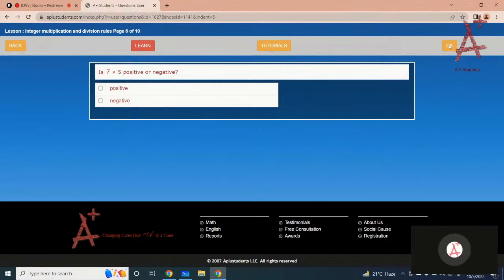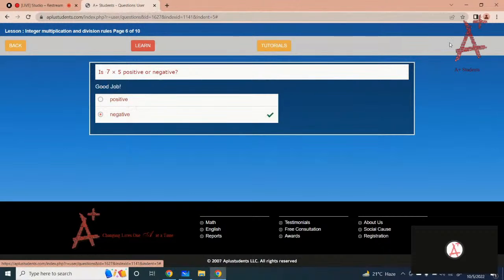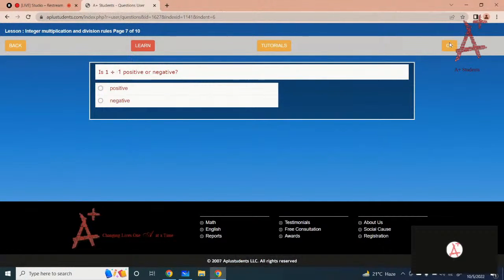Okay, is negative 7 times 5 positive or negative? It is negative because both the numbers have different signs. Is 1 divided by negative 1 positive or negative?